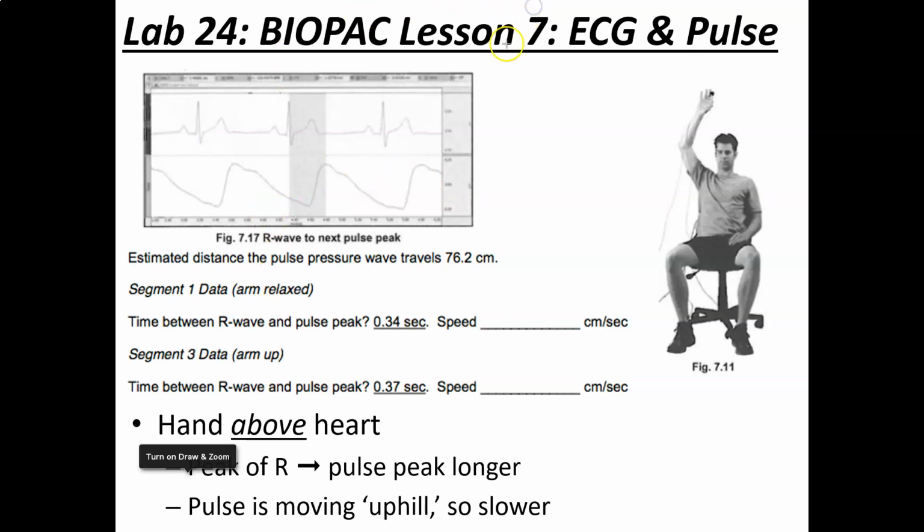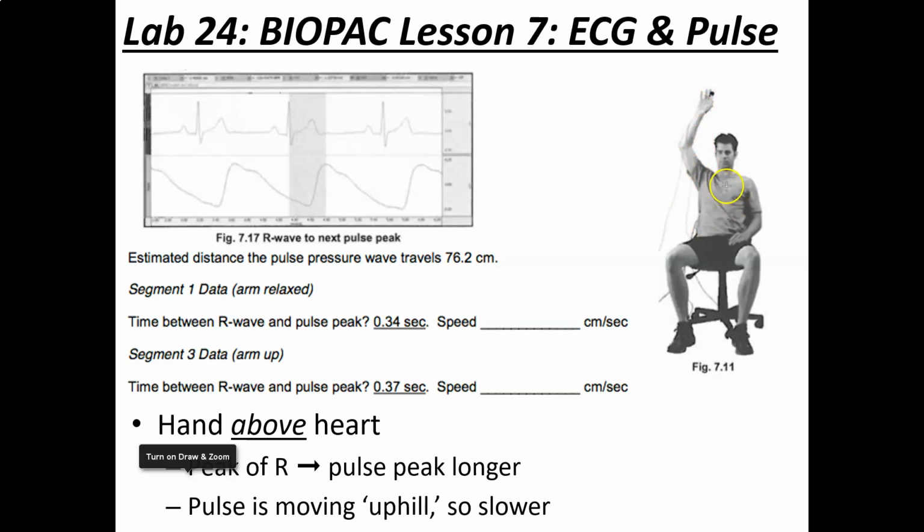One of the things that we also want to be able to do is calculate the distance the pulse pressure wave travels, okay? So we measured how far from your heart to your fingertip the pulse pressure wave went.